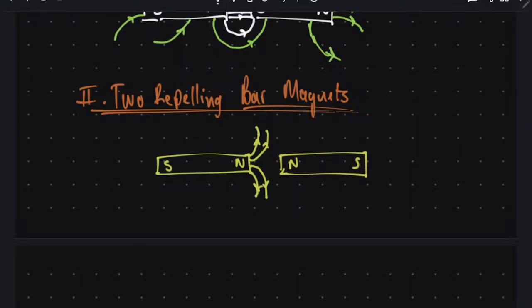Okay, arrows come out of north. So remember, your arrows will be showing that the lines are coming out of north. So that's not a problem. So you do it like this.